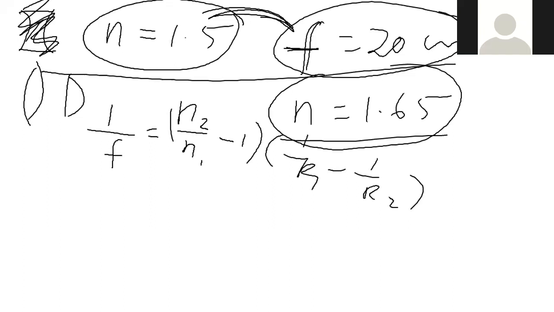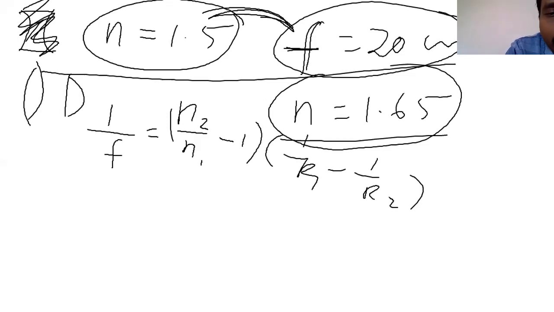We just need to divide and this part will get cut. When they say a lens has a focal length 20 centimeters, they will not tell you which medium. Every time the medium is not specified, that means the lens is placed in air.